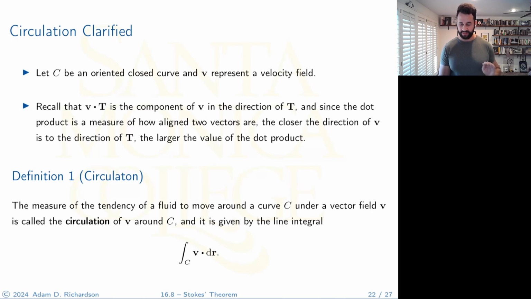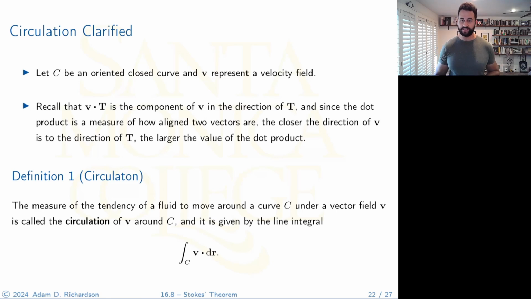So the closer the direction of v is to the direction of T, the larger the value of the dot product. In other words, the more aligned the vector field is with the curve, the larger the dot product.